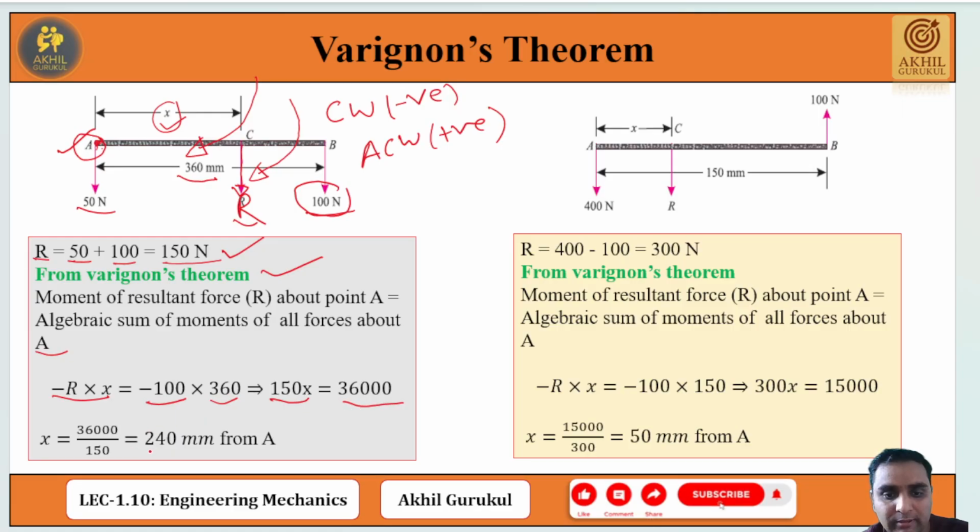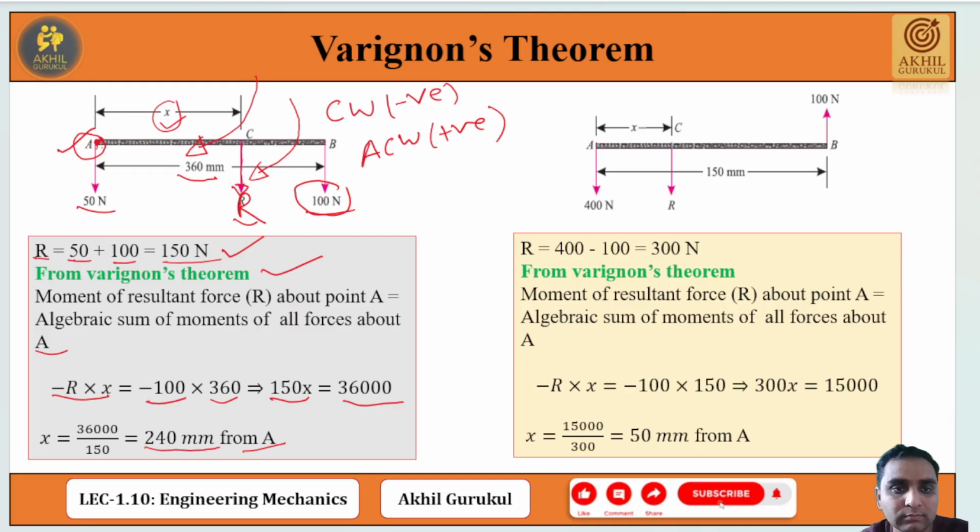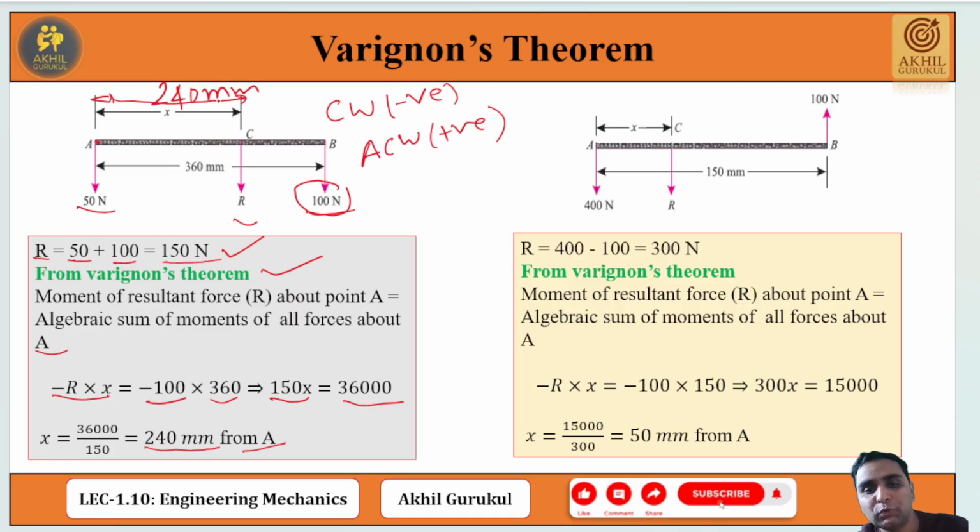So x should be 240 mm from A. So location of resultant R from A should be 240 mm. So Varignon theorem is mainly used for finding out the location of the resultant in a parallel force system.